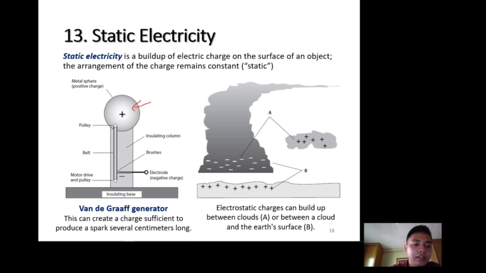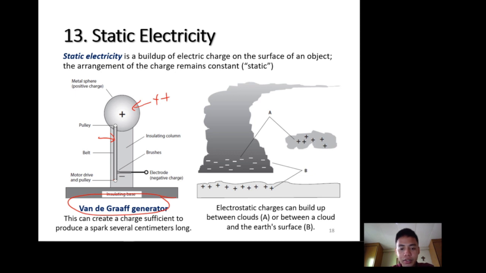It becomes more positive because of the friction due to the belt, and this is driven by a motor drive. You can search this on YouTube, and you see that when you put your hands here, your hair will stand because of the positive charge.